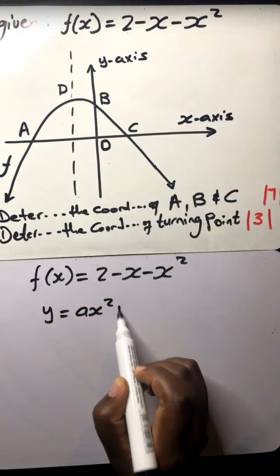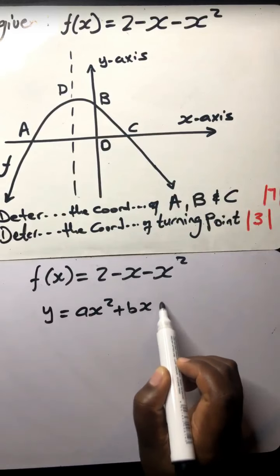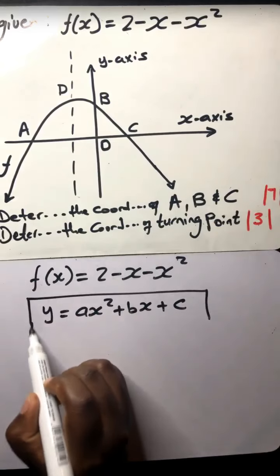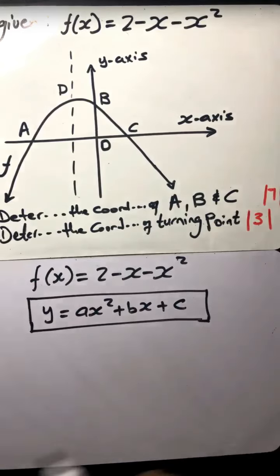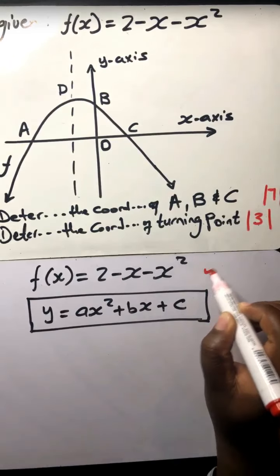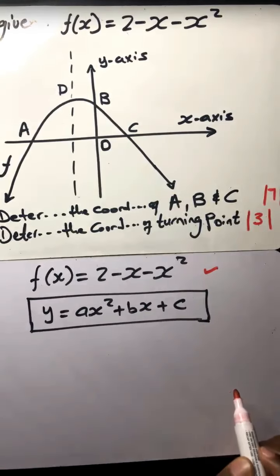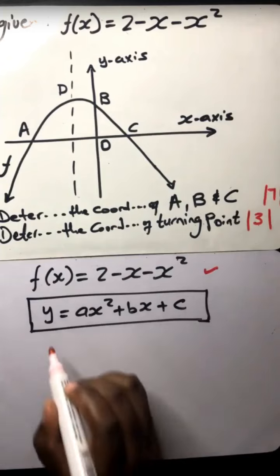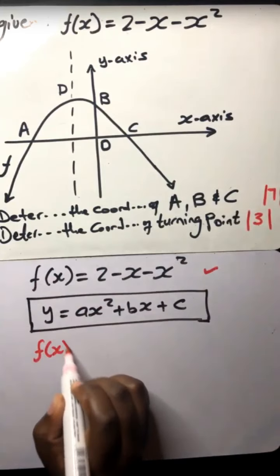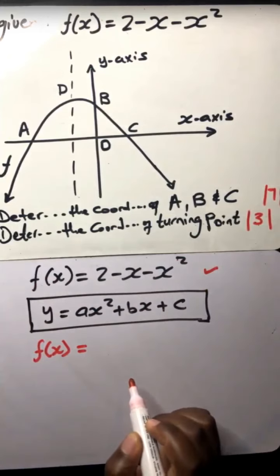It's ax squared plus bx plus c. So this is the first tricky part that examiners like using. They don't give you an equation which is in the standard form. They try to give it in a funny way. But you need to remember that you have to rewrite it in the standard form, which means the whole of that function is the same as f of x, which is equals to.